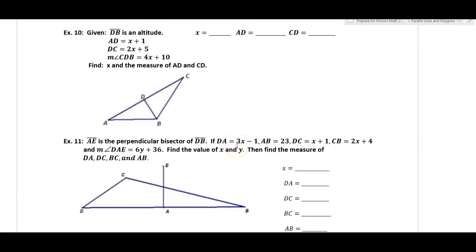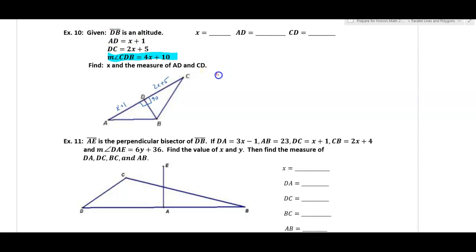Here, DB is an altitude. All right, if DB is an altitude, I know I get right angles there. Tells you AD is x plus 1. DC is 2x plus 5. And angle CDB is going to be 90 degrees. This given information is what I need to use to find x.